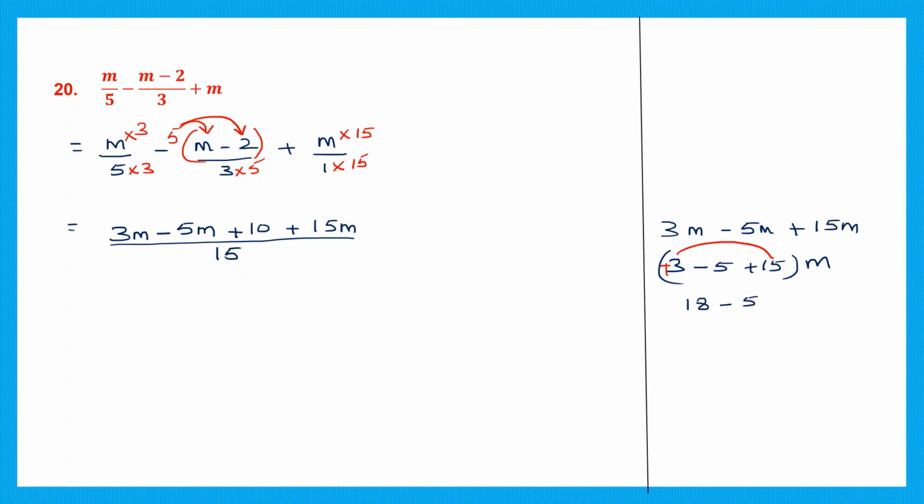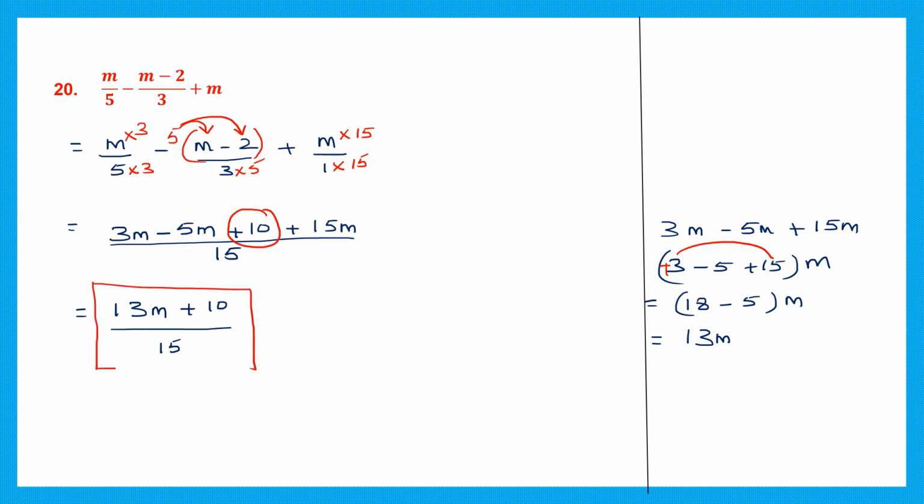Then we have minus 5m. So 18 minus 5 is 13, 13m. And our number that is left behind is only plus 10. So plus 10 by 15. So this is our final answer: 13m plus 10 by 15.